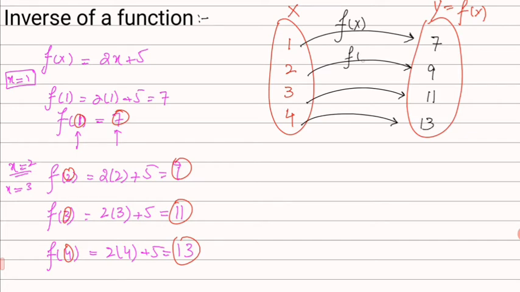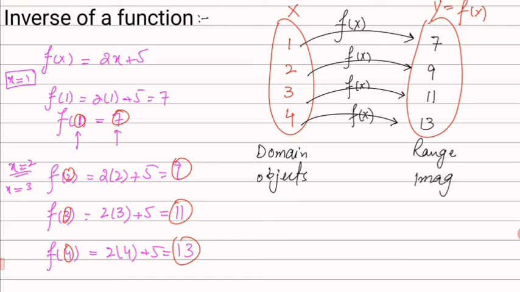This is the process of this function, the procedure it is doing. It's taking values from the x set and putting them in y. By the way, these values are known as the domain of the function, and these are known as the range of the function on this domain. Sometimes they are also called objects and images.